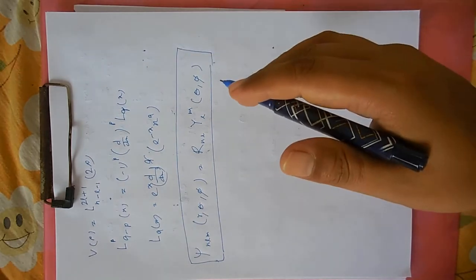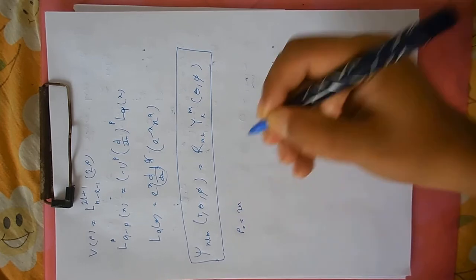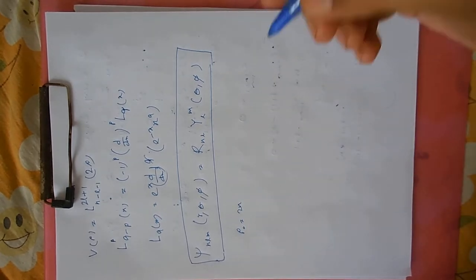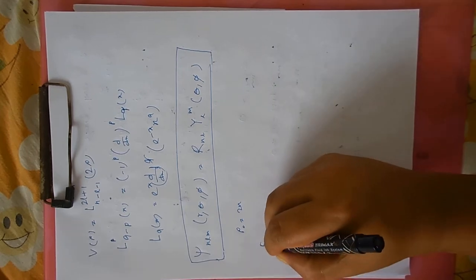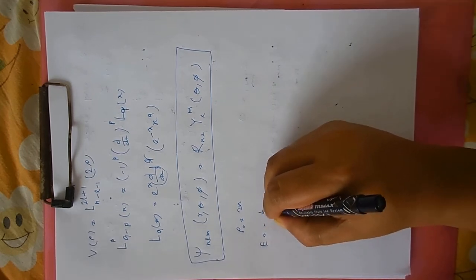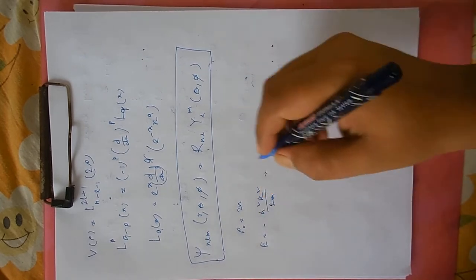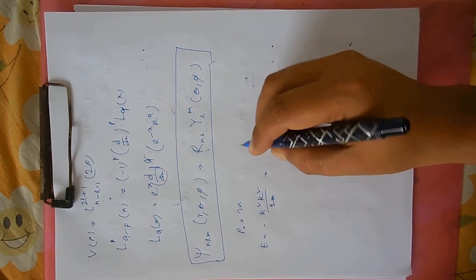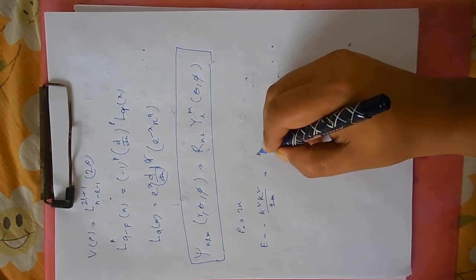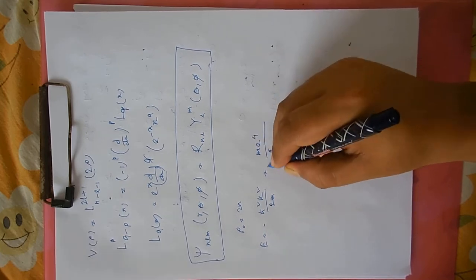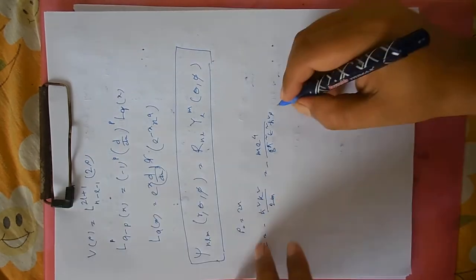This is okay. Now let me discuss a little bit about the energy. So we have got rho 0 equals to 2n, right? So now in the previous equation, where we have defined k in terms of E, from the equation you will get energy equals to minus h bar k squared by 2m, and if you put the value of k there in terms of rho 0, you will get m e to the power 4 over 8 pi squared epsilon 0 squared h bar squared, times rho 0 squared, with a minus sign.